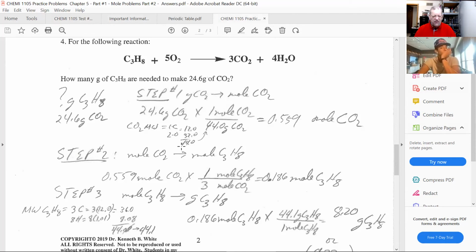Don't forget, when you're adding, you have the same number of significant figures to the right of the decimal as the number you're adding that has the fewest significant figures to the right of the decimal. In this case, 12.0 and 32.0 both have one significant figure to the right of the decimal. Remember, all zeros after a decimal point are significant.